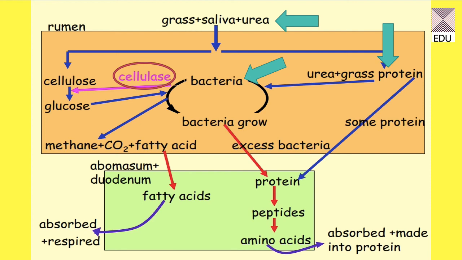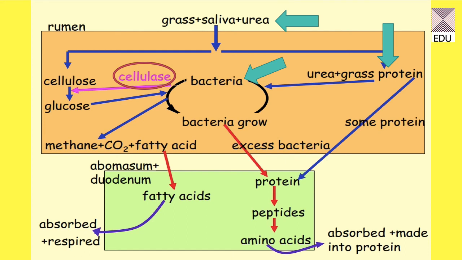The bacteria are also using the urea as the nitrogen source. So both urea and grass protein are used by the bacteria for making bacterial proteins, and these proteins help in the reproduction of the bacteria, and the bacteria grow in number in the rumen. So this whole box, the yellow box or the cream box, denotes the rumen of the ruminant.